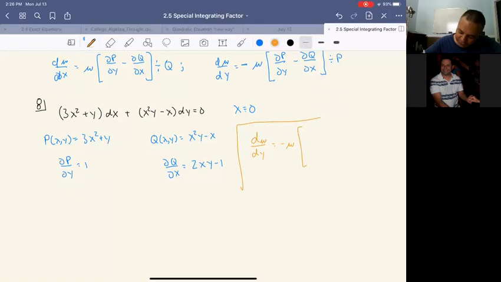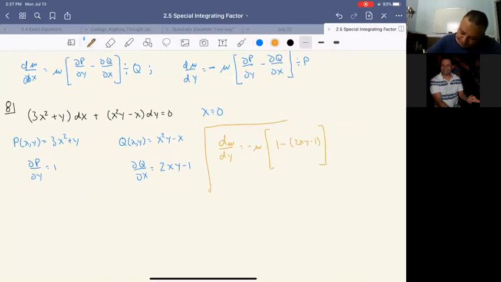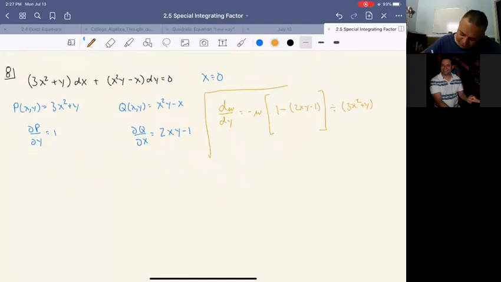So when we do 1 minus (2xy minus 1), and then divide by P, 3x squared plus y, we get d mu dy equals negative mu times (2 minus 2xy) divided by (3x squared plus y).